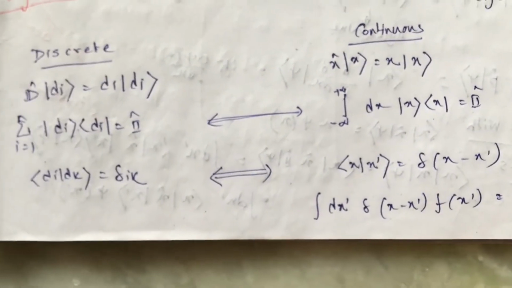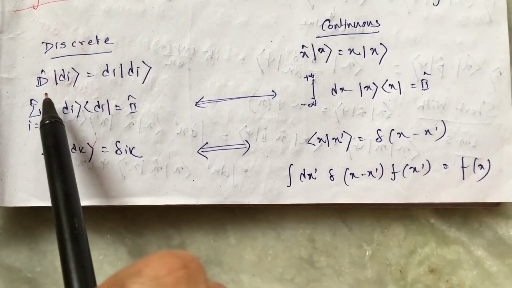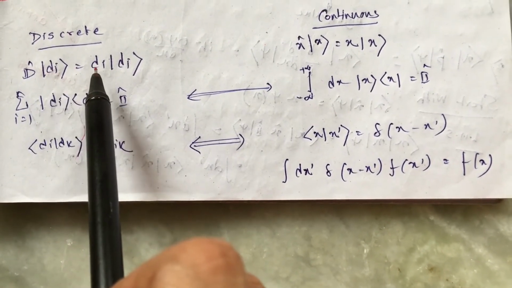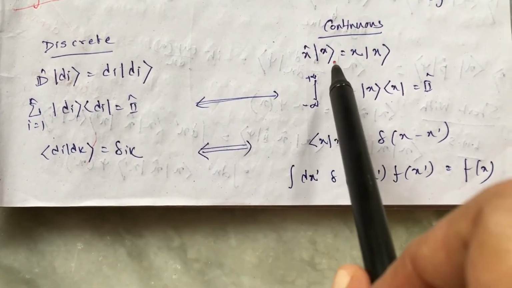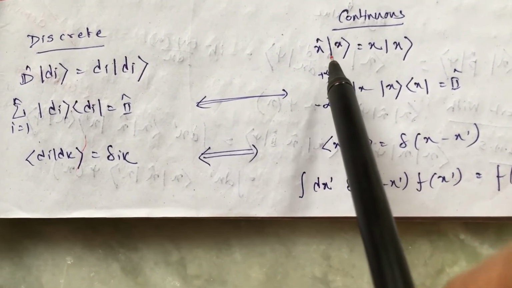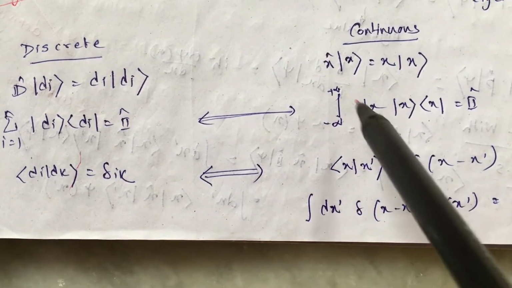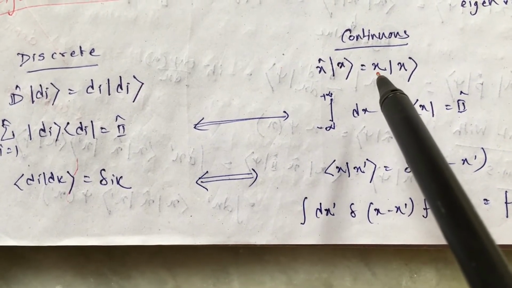So when we are switching from discrete to continuous space, in discrete space we have operator d acting on state di, I am getting discrete eigenvalue di and the eigenstate di ket. But in continuous space, this is the operator x which is acting on this eigenstate of the position operator x ket, and the continuous position value x can be obtained.